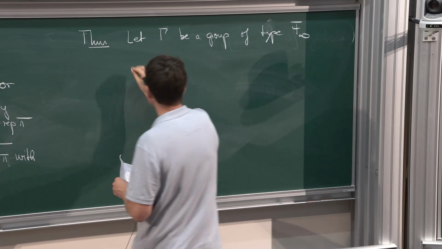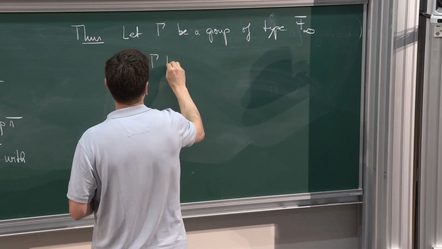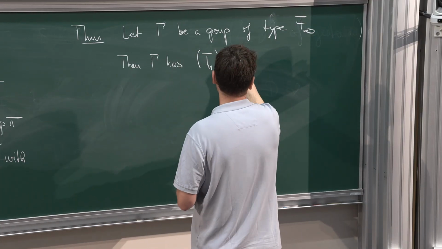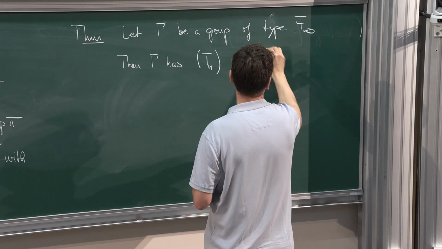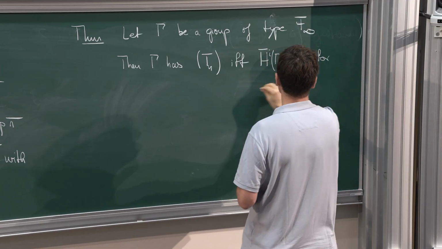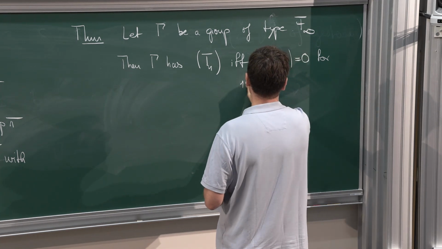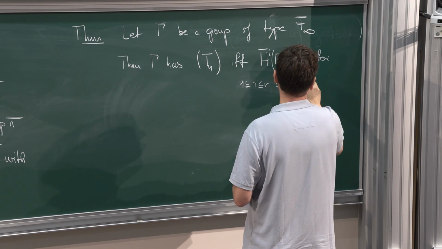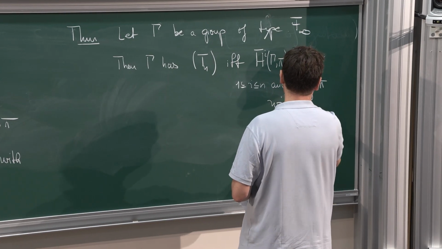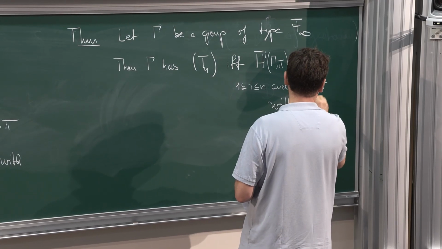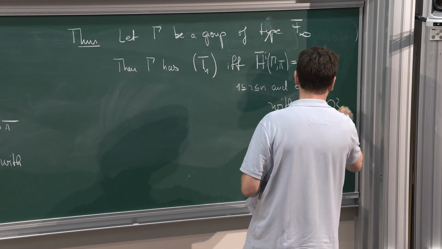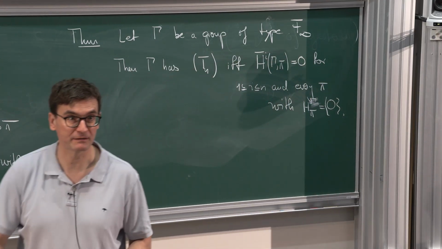And then gamma has T1 if you have this vanishing for the reduced cohomology. And I'm only formulating this now for discrete groups gamma.